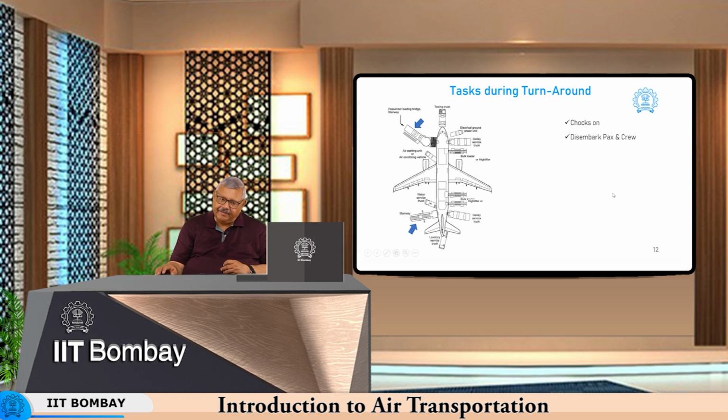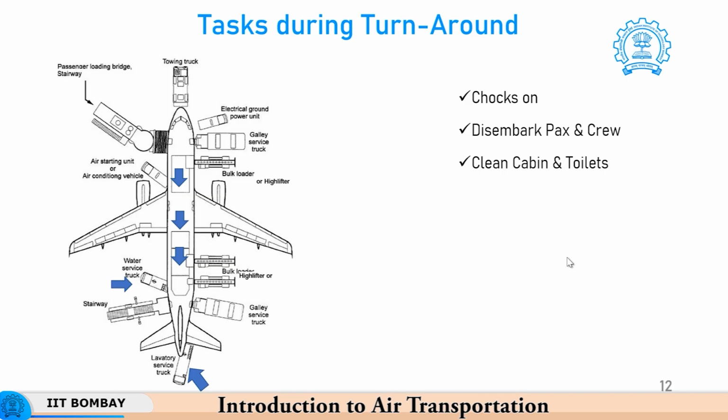After that, or in parallel, actually these activities happen in parallel, they do not happen sequentially, because then it will be too much turnaround time. So, there are a group of people who are cleaning the cabin and the toilets after the passengers have disembarked. There is a water service truck as shown here and a lavatory service truck as shown here. Then in parallel the baggage of the passengers is being unloaded as well as the cargo.